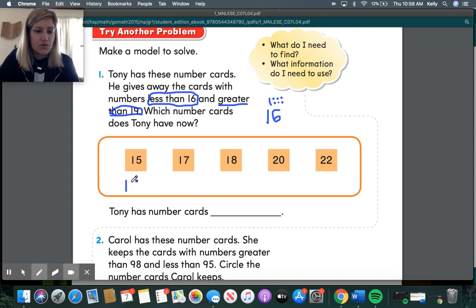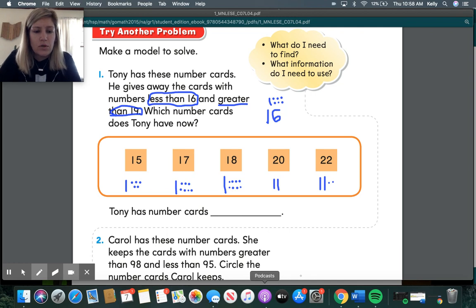Well, 15's quick picture is 1 ten and 5 ones. 17's is 1 ten and 7 ones. 18's is 1 ten and 8 ones. 20's is 2 tens, and 22's is 2 tens and 2 ones, okay?